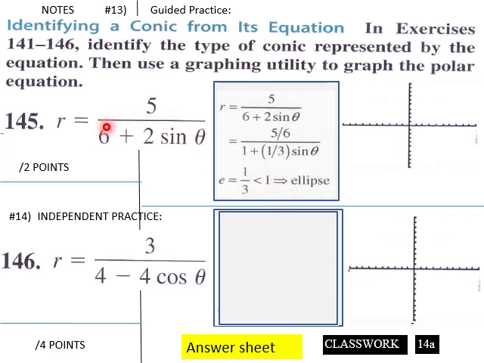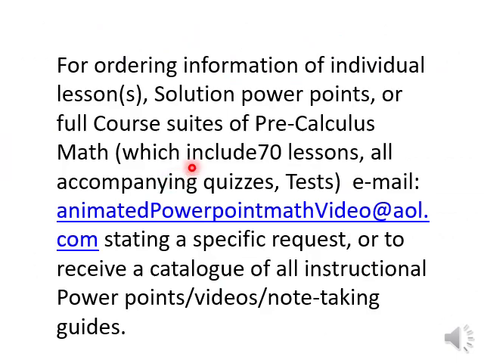So we know this is an equation of an ellipse, and this would be the elliptical graph of this representation here. And that is chapter 9, review and summary.